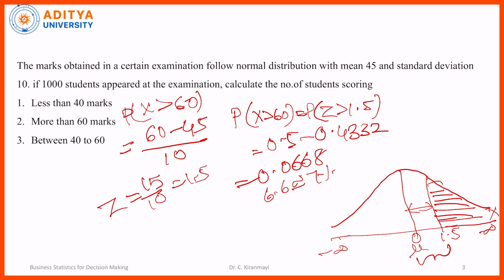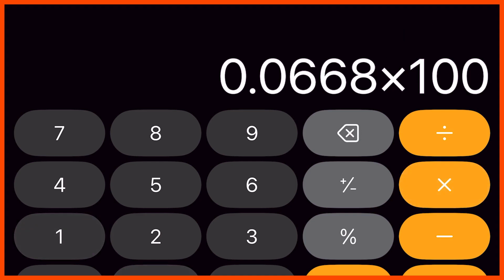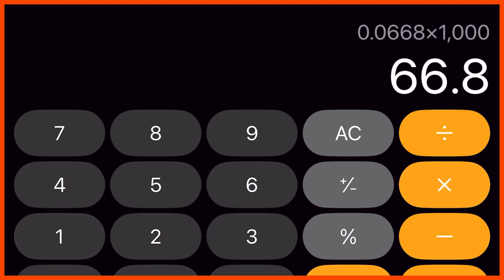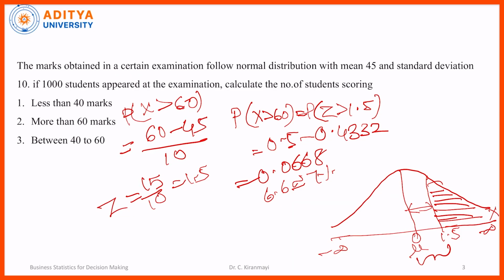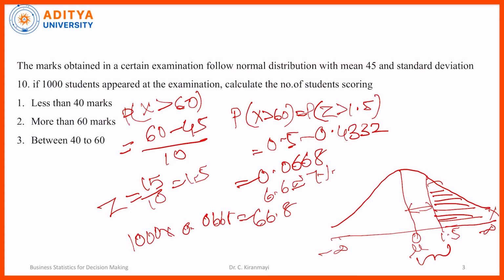So, multiply this by 1000. 1000 into 0.0668 is 66.8, that is approximately 67. It means that out of 1000 students, 67 students have scored more than 60 marks.